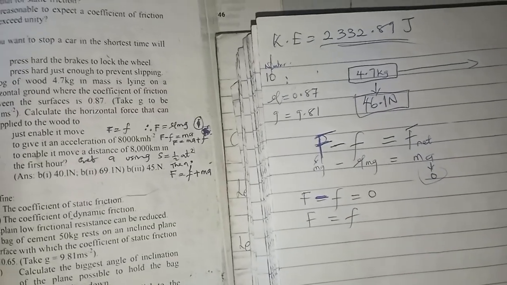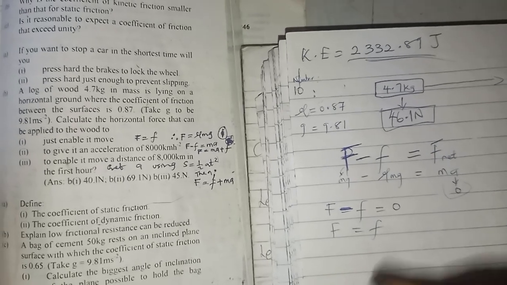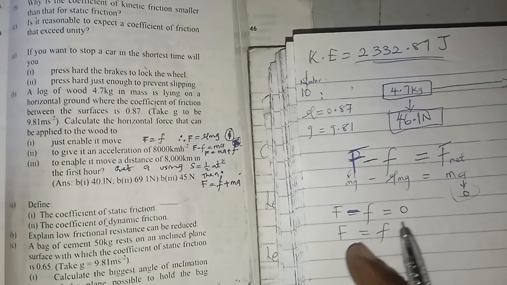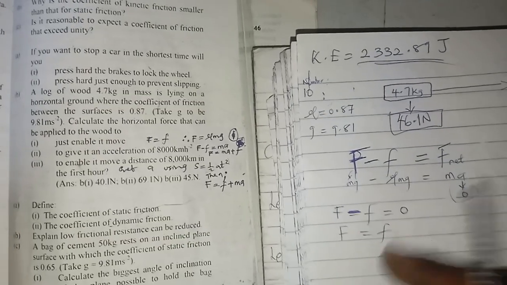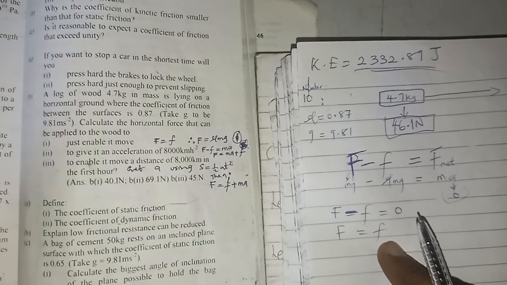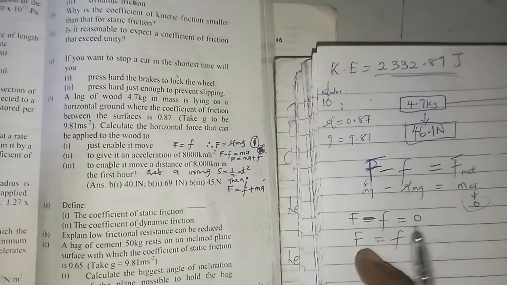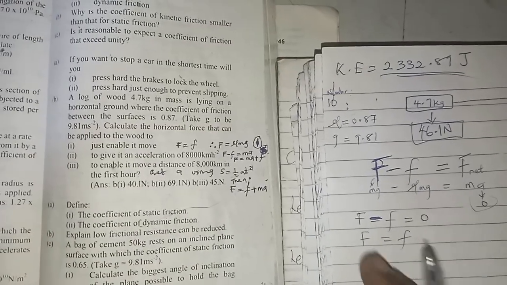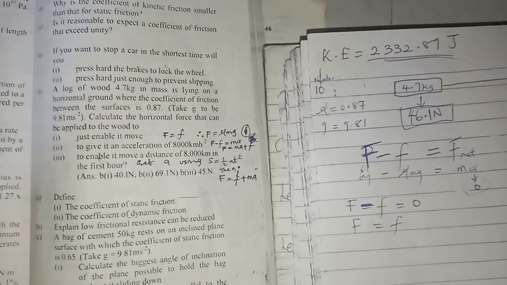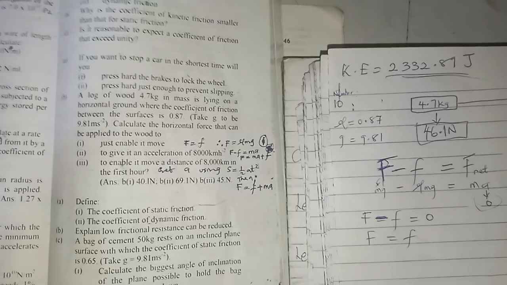So at the point of moving, it is still at rest, so the force must equal friction. For it to now move, the force has to be more than friction, and to keep moving, it has to be more than the friction.